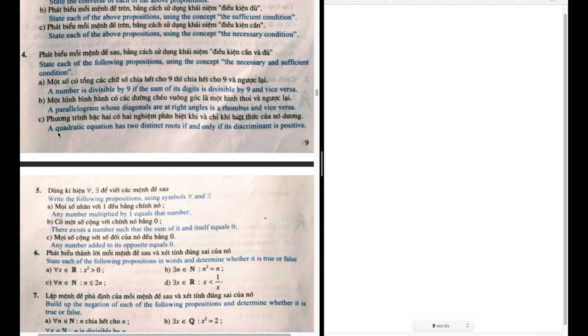It becomes a quadratic equation has two distinct roots is the necessary and sufficient condition for its discriminant is positive, or we can convert it: a quadratic equation's discriminant is positive is the necessary and sufficient condition for it has two distinct roots. Okay.